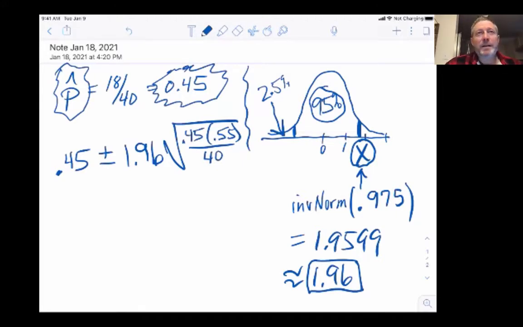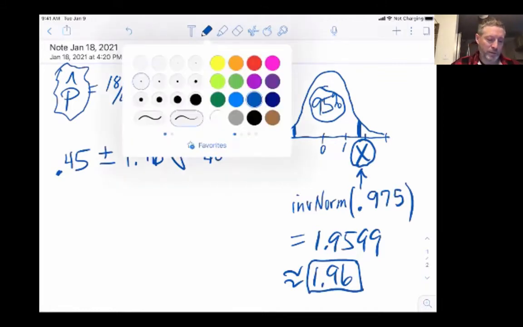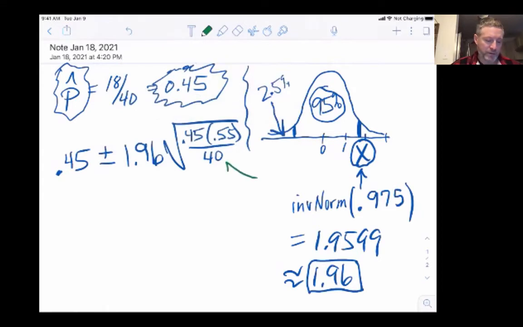So now, because we really changed the formula, we really should not call that the standard deviation anymore. So we're going to use a slightly different terminology for that now. Instead of the standard deviation, that's going to be called the standard error of our statistic, which is p hat.